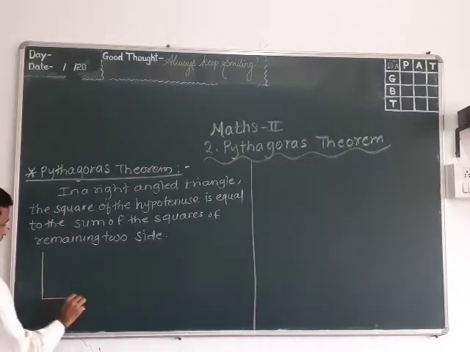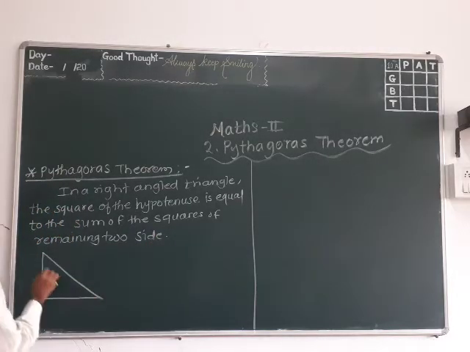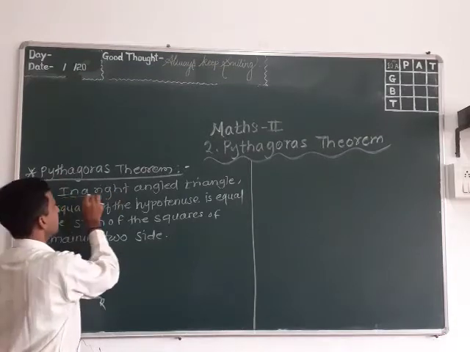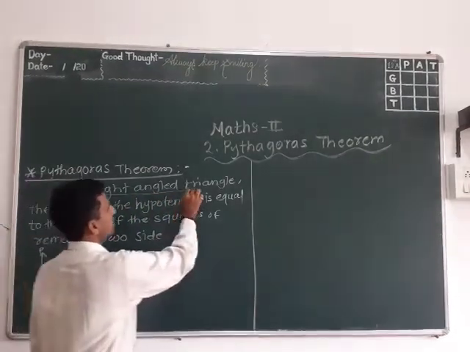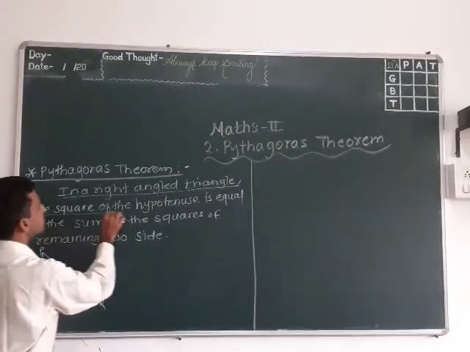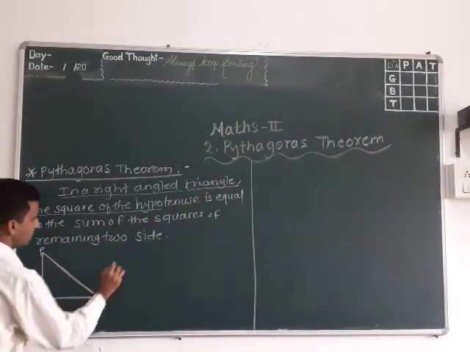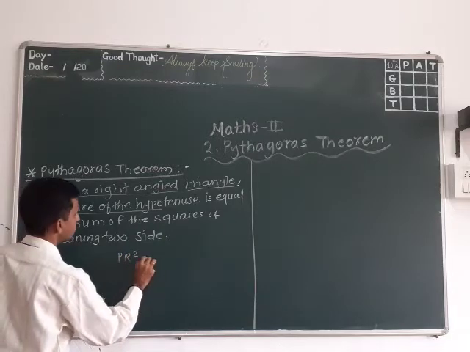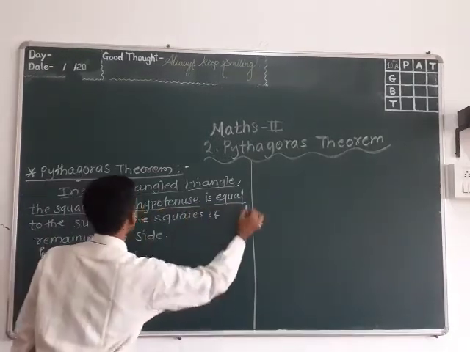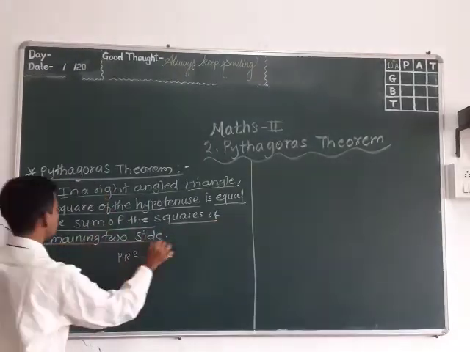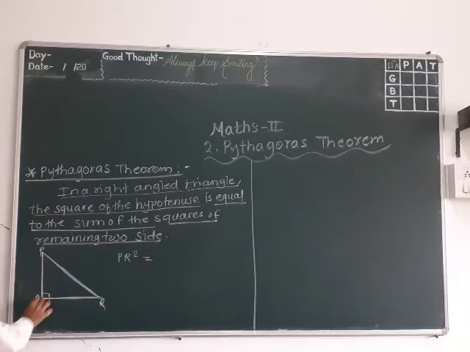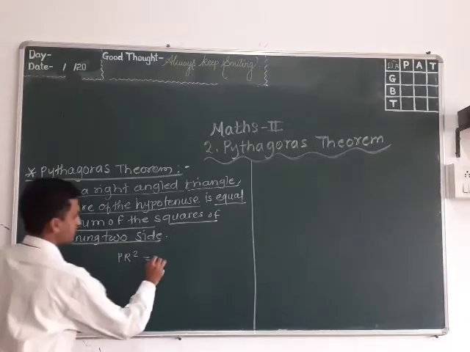Draw the figure. Triangle PQR. Pythagoras theorem: in a right angle triangle PQR, the square of the hypotenuse, PR square, is equal to the sum of the squares of the remaining two sides, PQ square and QR square.